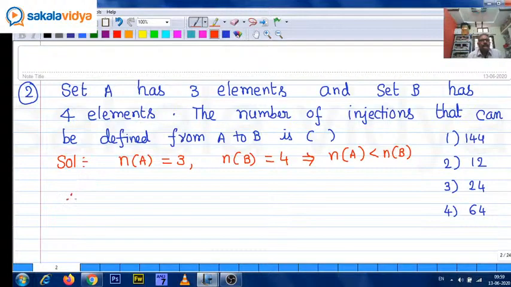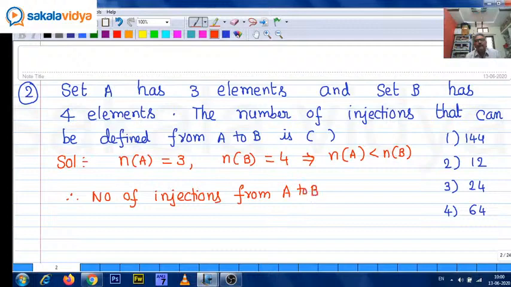Therefore, number of injections from A to B equals, what is the formula? N of B, P means permutations, N of A. So this equals, we can write 4P3.